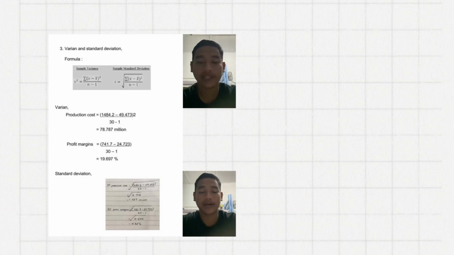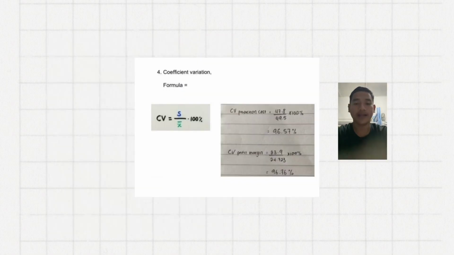We see that the standard deviation of production cost is higher than the standard deviation of profit margins. But for the last is coefficient of variation. The formula of this coefficient of variation CV is the standard deviation divided by the mean.